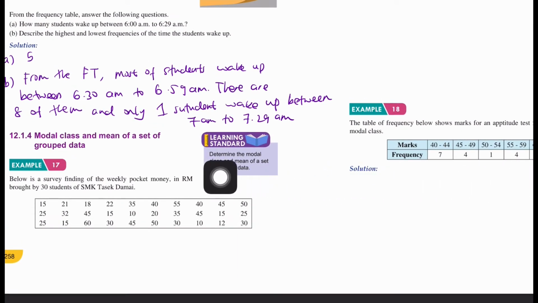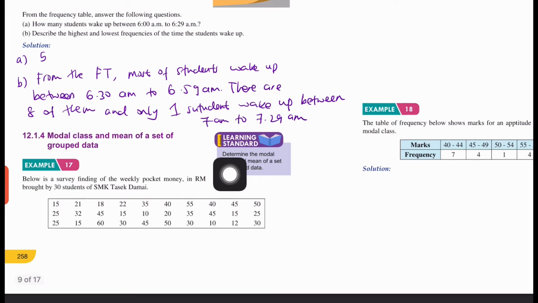The first learning standard for today is determine the modal class and the mean of a set of group data. Below is a survey finding of the weekly pocket money in RM brought by 30 students of SMK Tasik Damai.